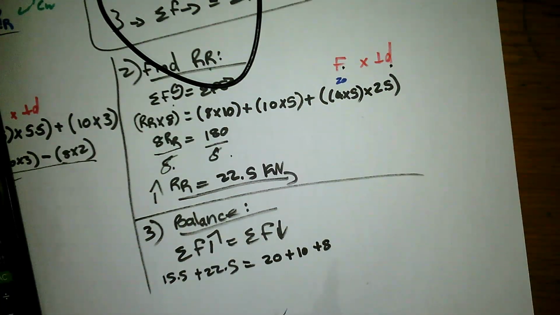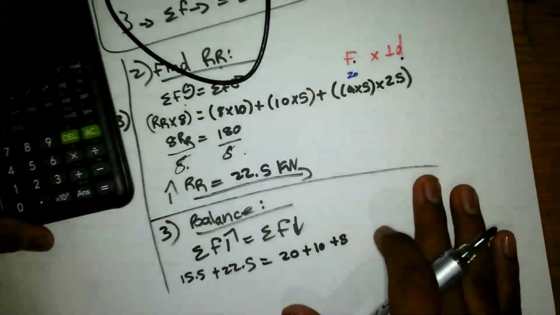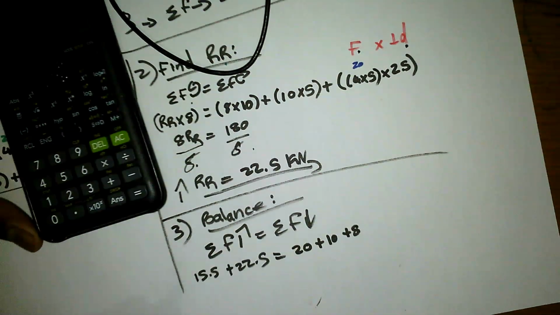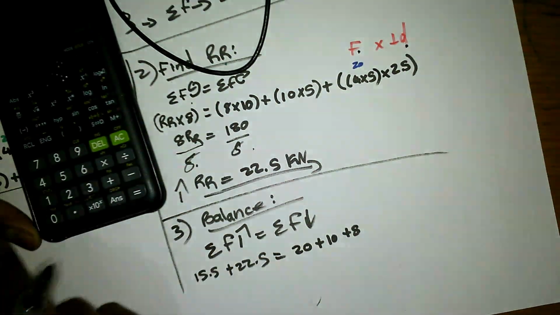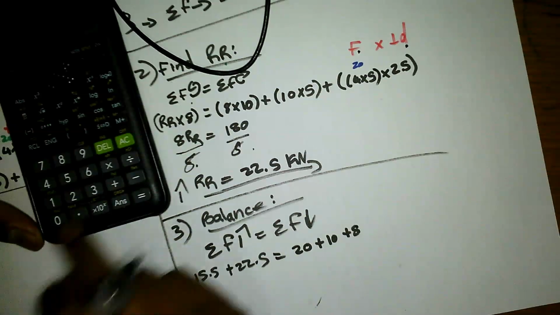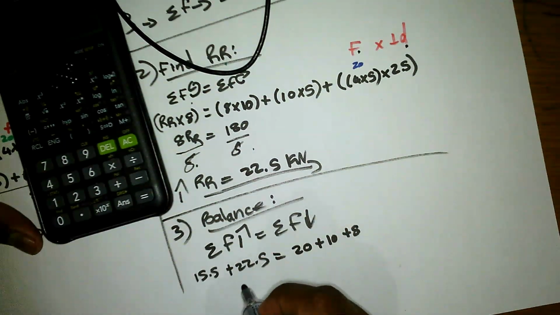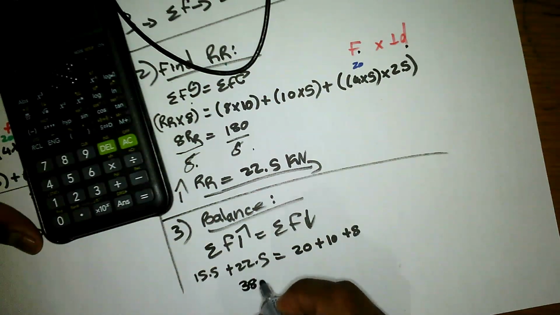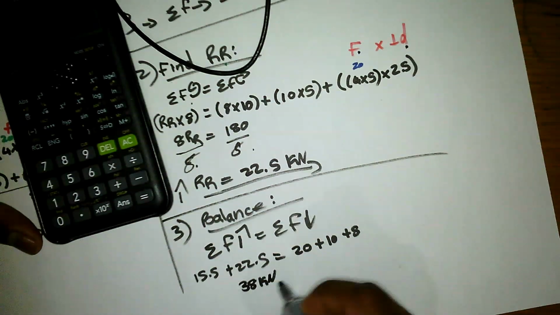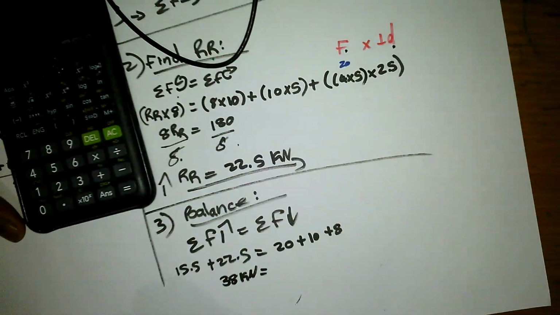Now we equate both of these. So we say 14.5 plus 22.5. And that's giving us 38 kilonewtons. And then we've got the other side now.